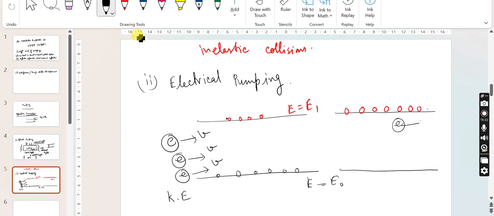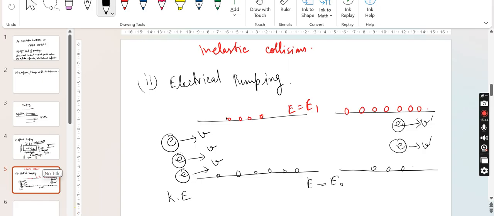So the electron goes out of the system with another velocity, v dash, and now there is a smaller number of atoms or ions in the ground state. So this is how population inversion is established.